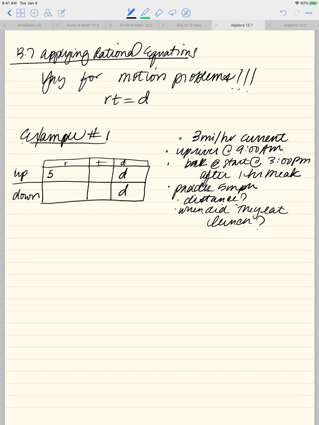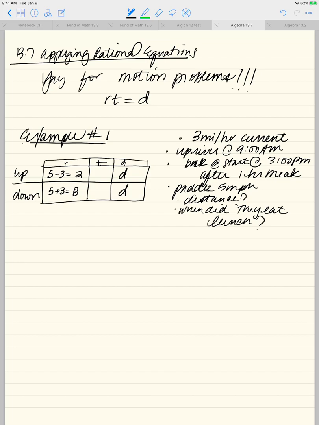So 5 minus 3 is equal to 2. Their rate going upstream is 2. Their rate going downstream, they're going faster. So we add the speed of the current to their normal rate, and they're traveling 8 miles an hour going down.